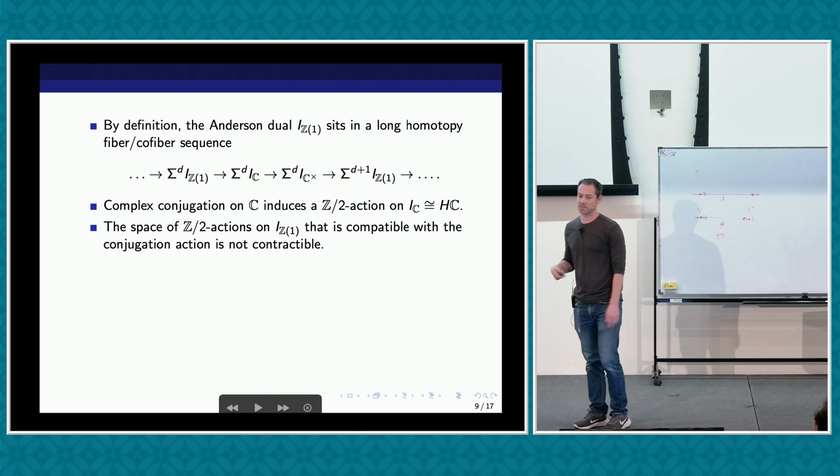Then you have to make an argument for why it's the same as this with the connections. I do that in my paper, but that's the only non-trivial part in this calculation. And that's the end of the proof right here.